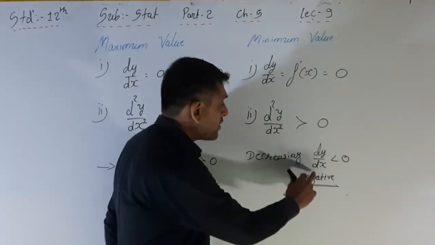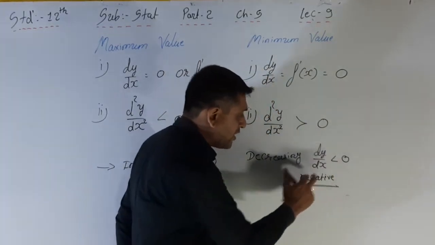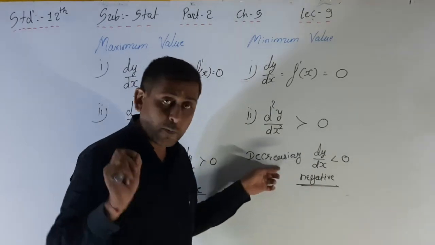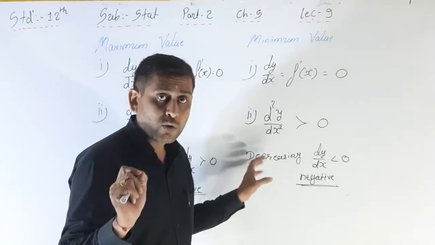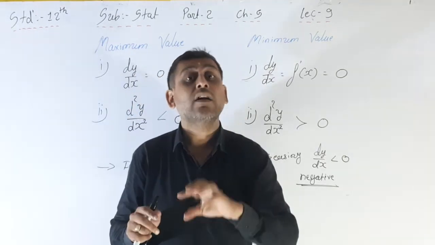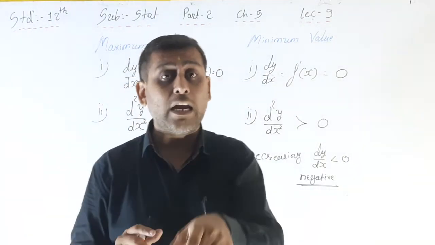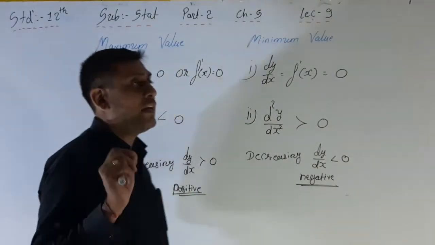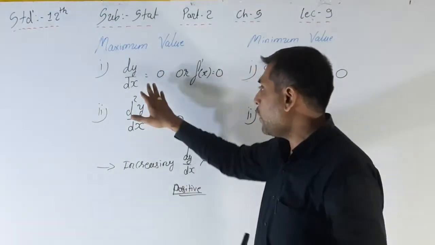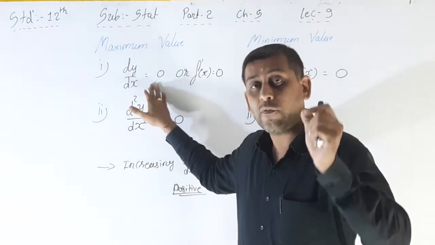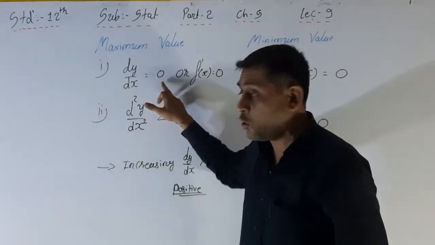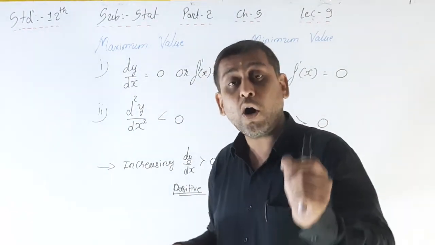And if the answer is negative, that is less than 0, we can say that at that point of x the function is decreasing. Okay, so here, for increasing and decreasing, and the very opposite of that, we have to first find the first differentiation, then put first differentiation is equal to 0, then find the value of x.